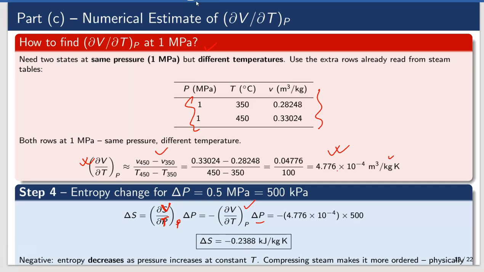Based on that we can easily calculate the change of entropy. The entropy change is minus 0.2388 kilojoule per kg. So here entropy is negative, so entropy decreases as pressure increases at constant temperature. Compressing steam makes it more ordered, and that is physically significant.